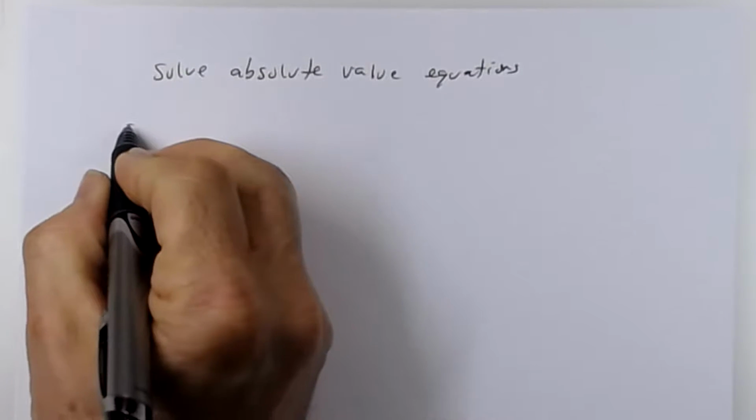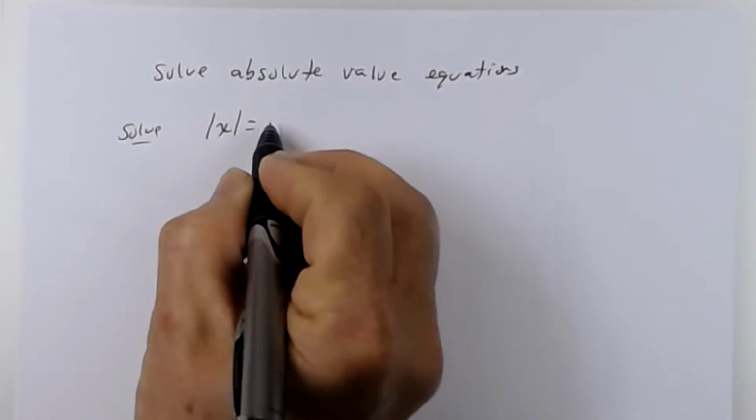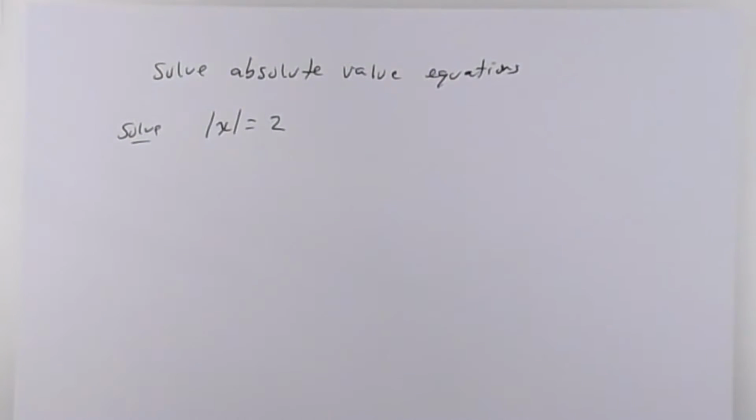So let's suppose I want to solve the absolute value of x equals 2. Now remember, in a course previously, I think it's like 3 semesters ago, when you talked about absolute value, the absolute value is the distance that a number is from 0 on the number line.